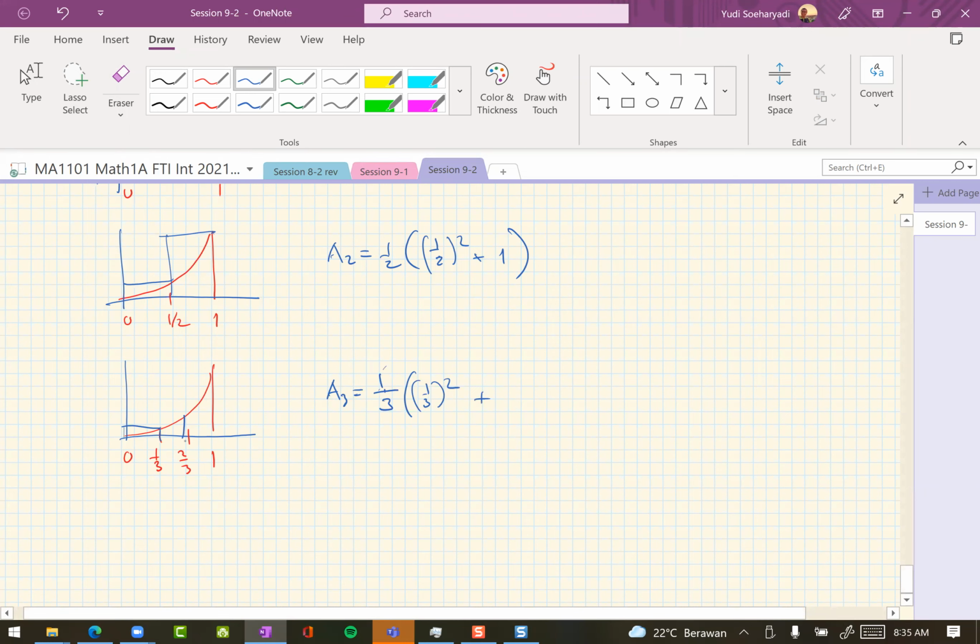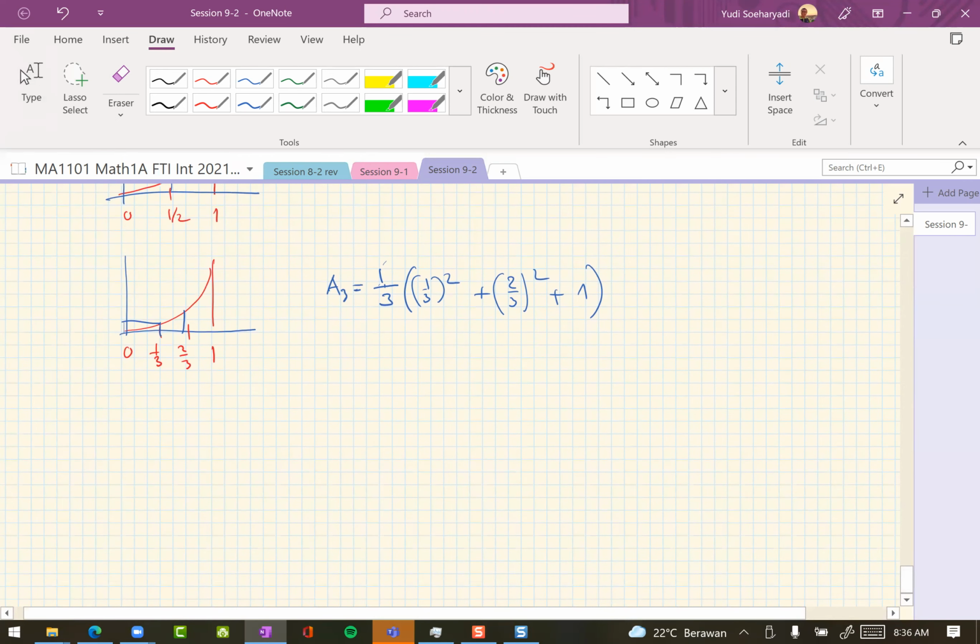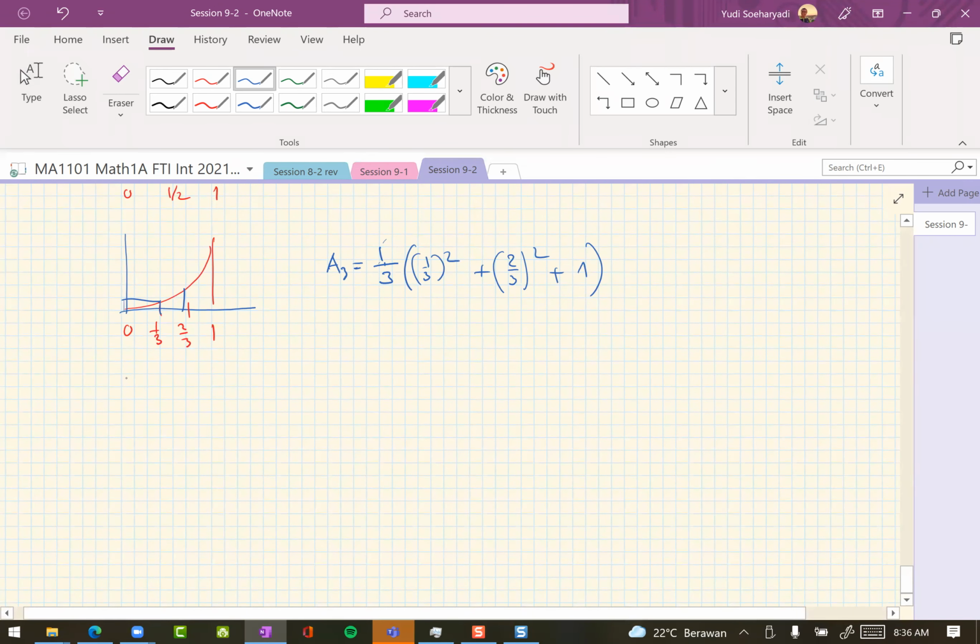The second one is 2/3 squared. And it's just 1. The fourth one, we define the 4. So 1/4, 2/4, 3/4.